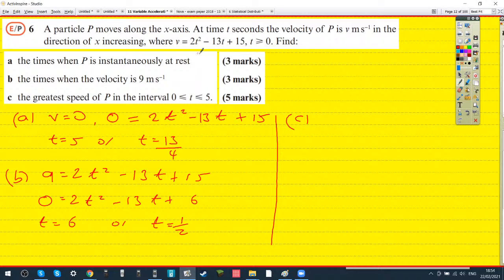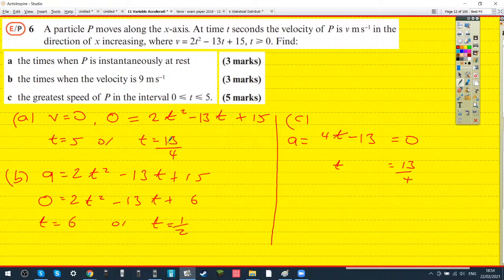So what is this? This is velocity. So acceleration at the maximum would be 0. So that would be 4t minus 13 equals 0. So t equals 13/4, which is that one.